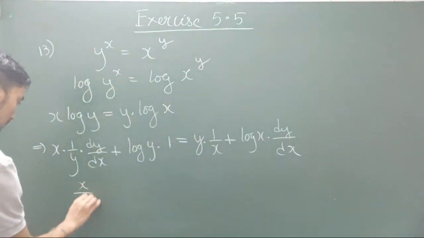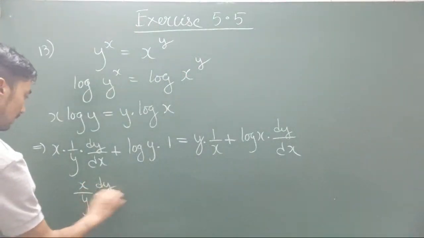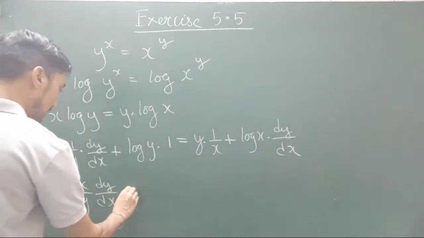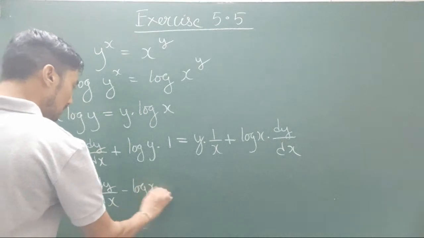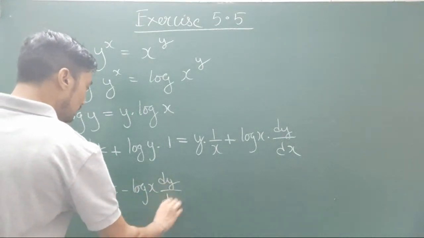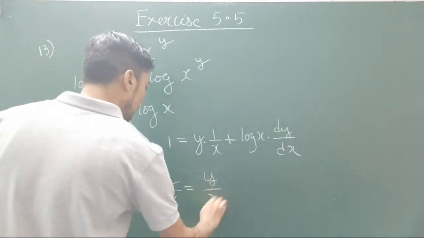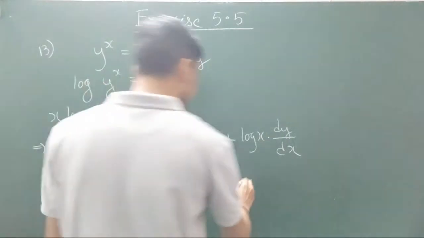So we'll have x upon y dy by dx. I'll bring dy by dx on this side, minus log x dy upon dx equal to y by x minus log y.